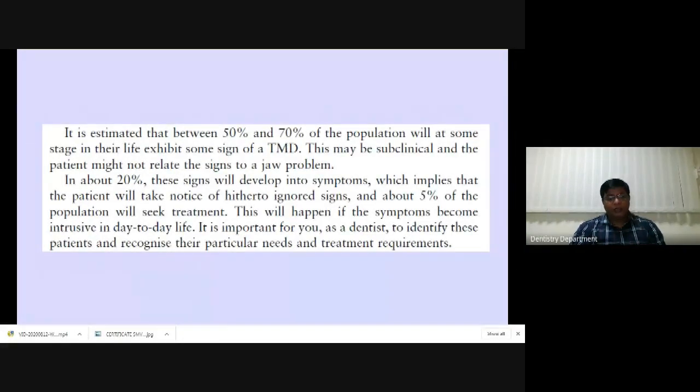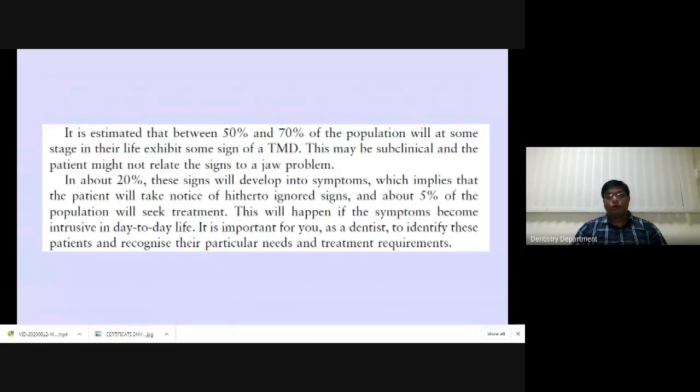And this is interesting: it is estimated that almost 50 to 70% of the overall population at some stage in their life exhibit some signs of a TMD. This may be subclinical, and the patient might not relate the signs to a jaw problem. Out of this 70%, about 20% will develop signs that the patient will notice, which were hitherto ignored.